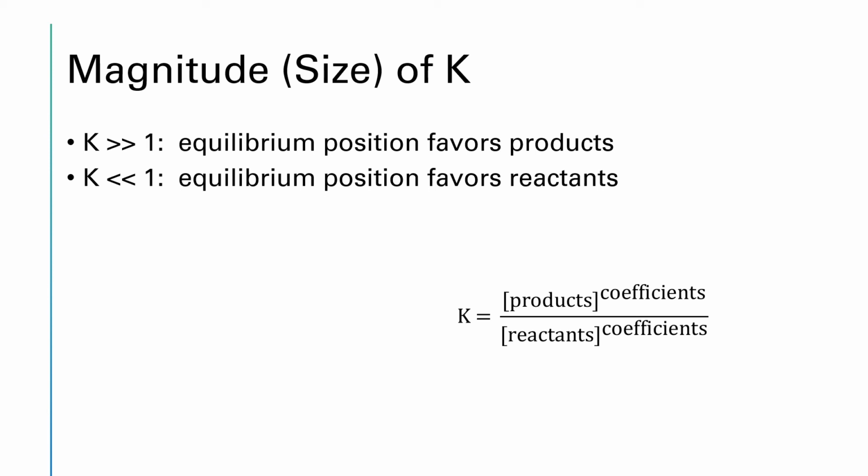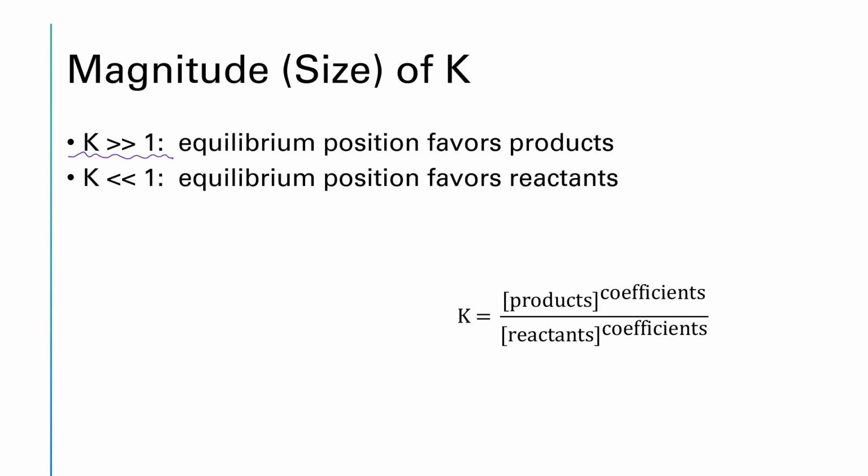So if, when we're at equilibrium, we have a whole lot more of the products than we do of the reactants, the numerator of this expression will be much bigger than the denominator, and that's going to make K a really big number. So one of the things that we say is that if K is much bigger than 1, it's a big number, the equilibrium position favors the products. That means we have more products than reactants when we're at equilibrium. So big values of K mean lots of products at equilibrium.